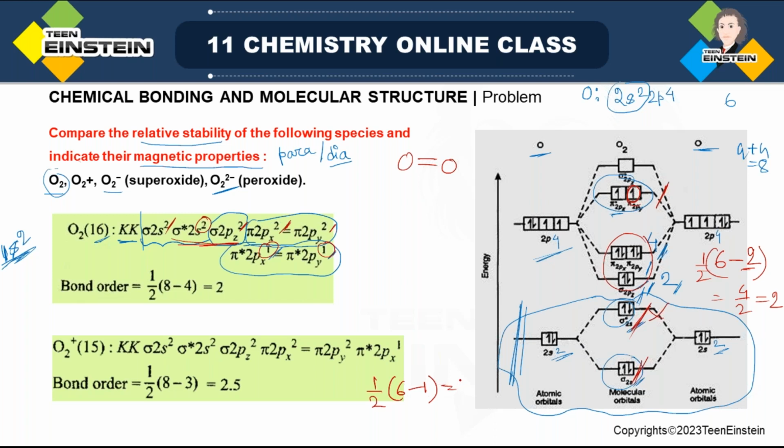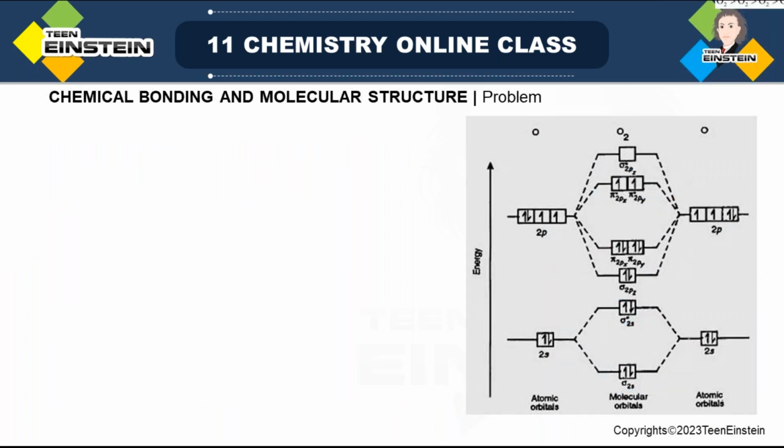So it will be 5 by 2, that is 2.5. And if you follow this method, then also you get the same result, 2.5. It doesn't matter which one. Just follow the one with which you are comfortable, and the method you can do in a faster way. Okay. So O2 plus has bond order 2.5, greater than the previous species.